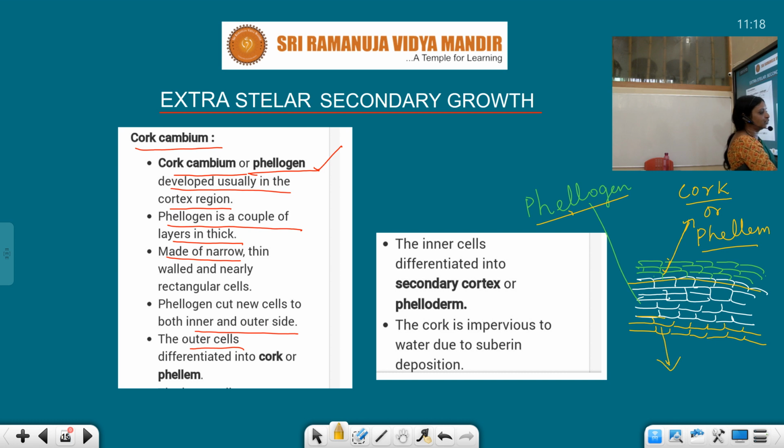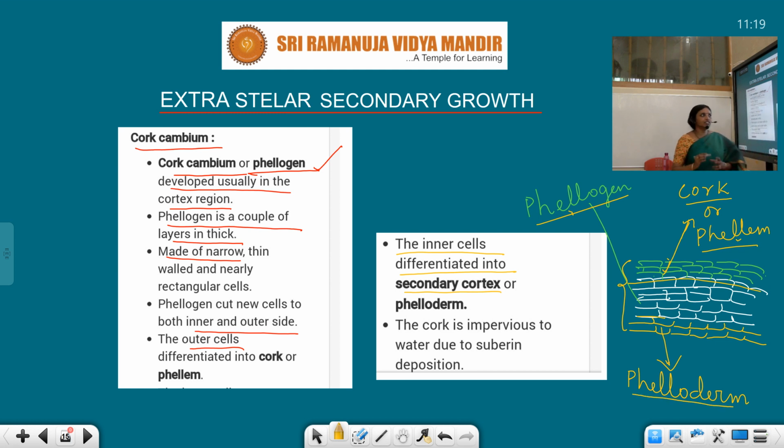And the inner cells differentiate into secondary cortex. These are cortical cells. The secondary cortex, another name is phelloderm. So three types of cells are formed here: one is phellogen, another is phellum, and phelloderm. By the division of phellogen in the cork cambium, phellum and phelloderm are formed.